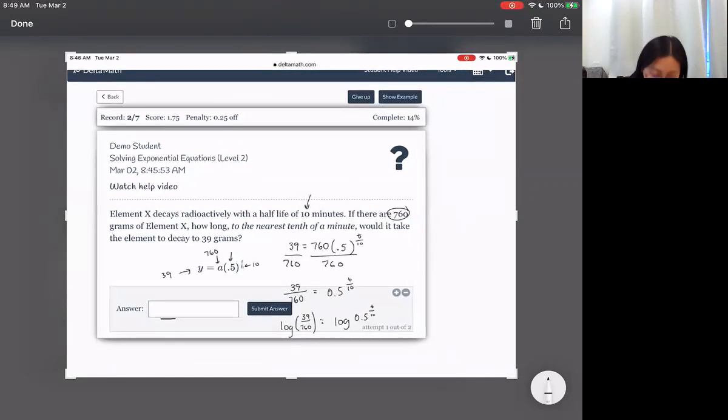So remember, once you get your log of an exponential, that exponent gets moved to the front. So I'm just going to rewrite that up here because it's where I have space. The left side still stays as log of 39 over 760. On the right side, I'm going to take that exponent, that T over 10, and move it to the front, and then it's log of 0.5.